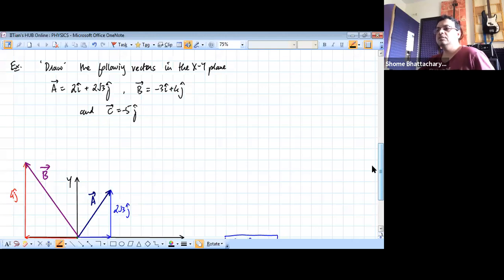Just take down the question and take down the diagram, it will be automatically clear to you. The question is written in plain language. Draw the following vectors.